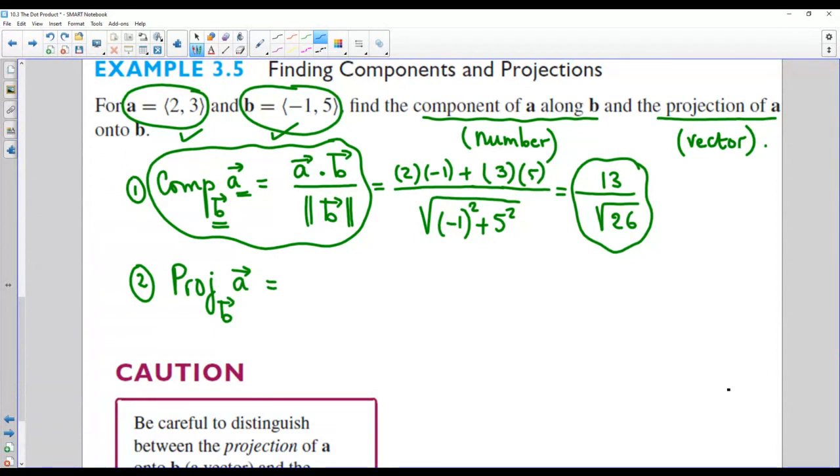Okay, if you want the component of B along A, yes, you can do that. You can also find it. But then it will be A. Yeah, exactly. But the magnitude, very good. Yes, thank you, Noor. So you just change A and B around.